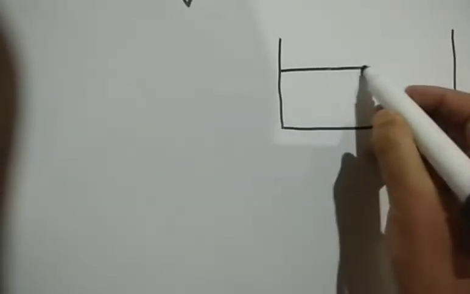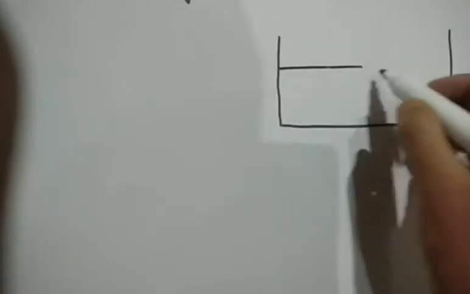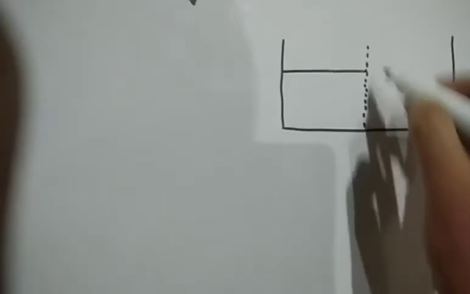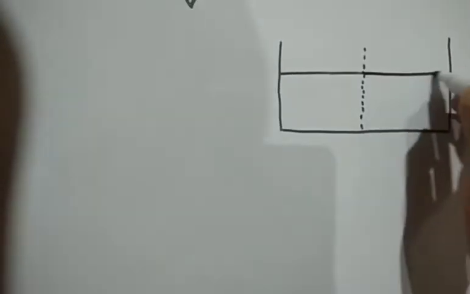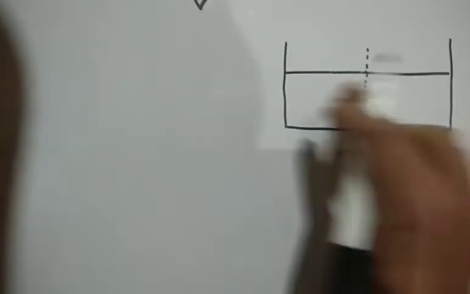Let us go towards this diagram. These are two partitions. This is partition A and partition B, or right and left partition.